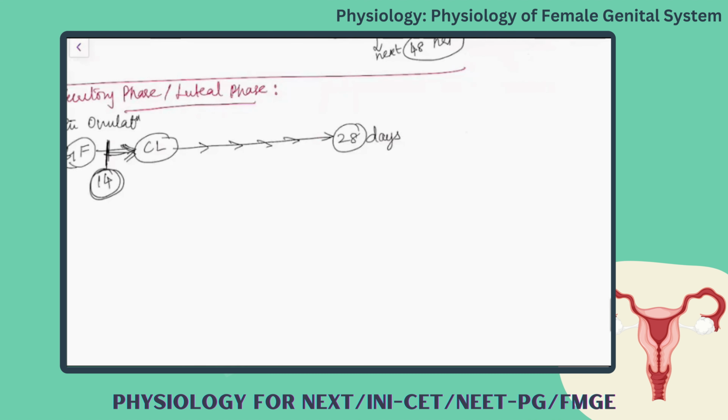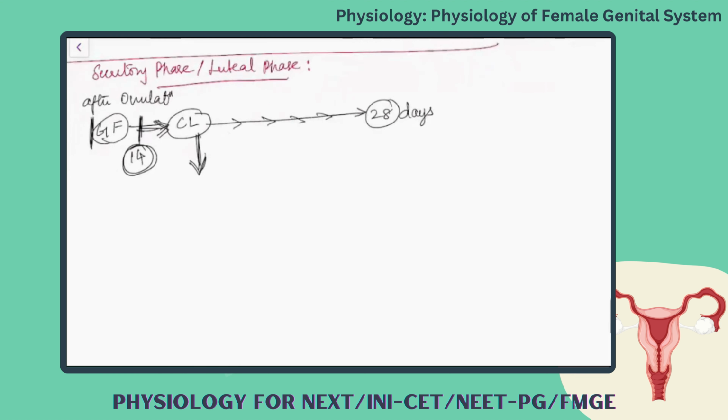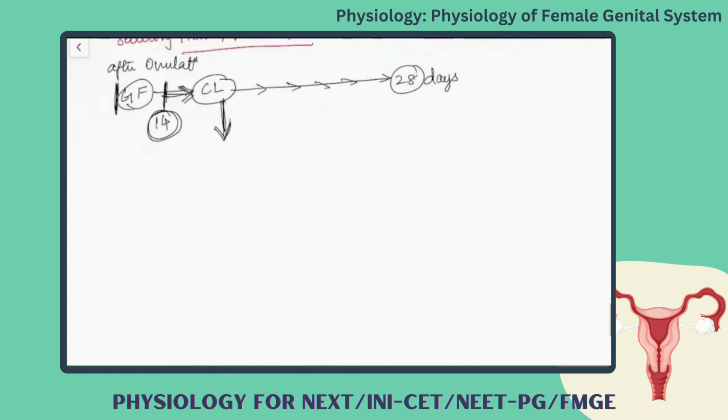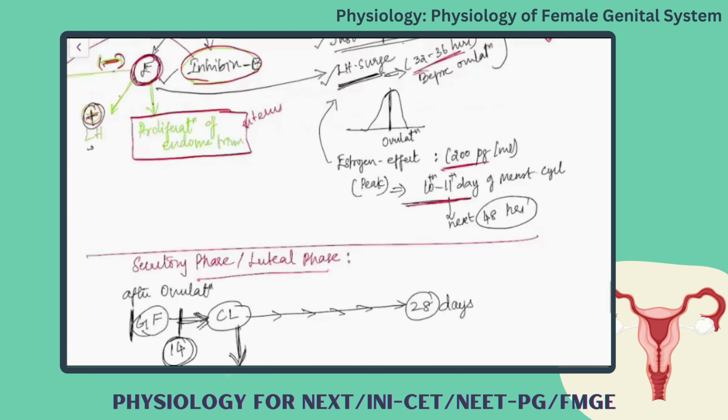And this corpus luteum, in the meantime, what are all the functions it is going to mediate? It will also produce estrogen, progesterone, along with inhibin A. There you have seen inhibin B.